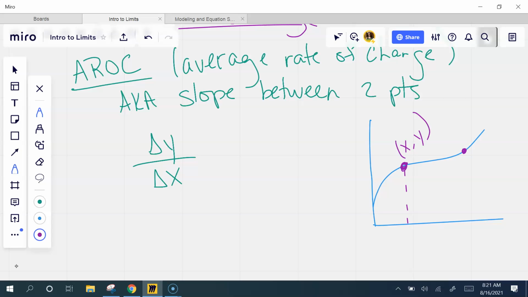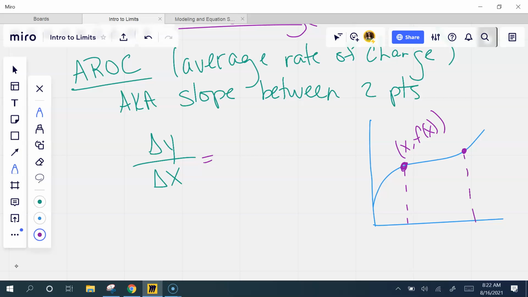Instead of calling this x, y that you are used to, if I call this x, f of x, would that make sense to you? It's the same as y, right? It means you plug in that x value to find the y. I'm going to look at this a little bit differently.